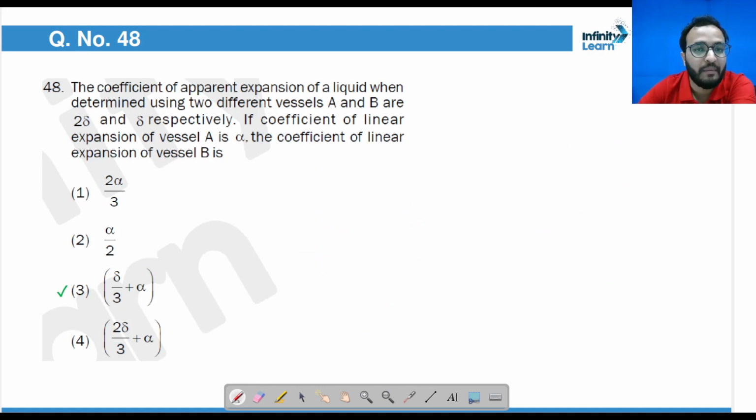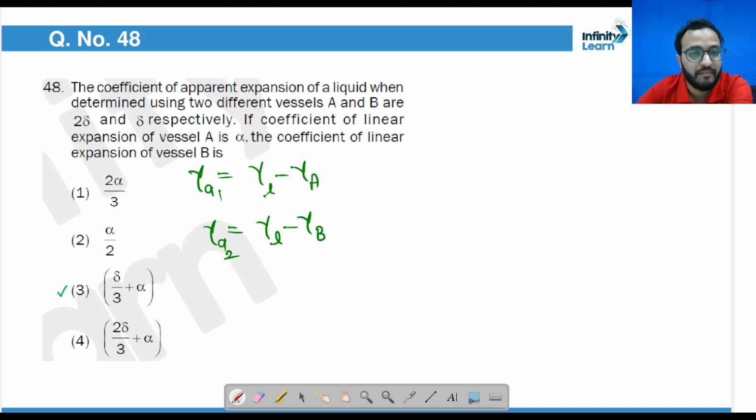The coefficient of apparent expansion of a liquid, gamma apparent, is determined using two different vessels. Gamma apparent is always gamma of the liquid minus gamma of the container, right? First case, second case, gamma of the liquid minus gamma of the container.